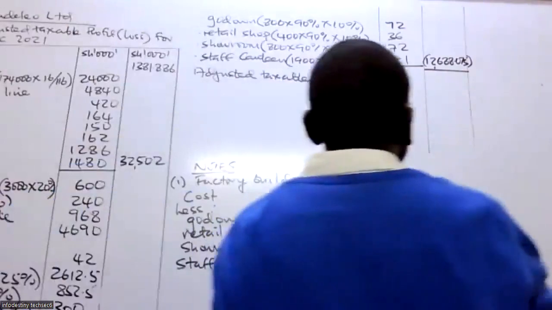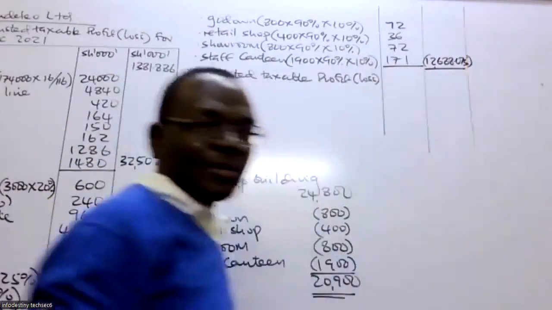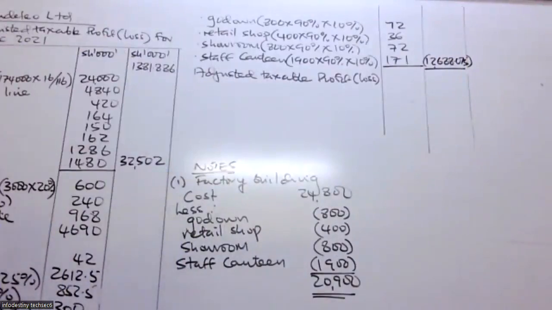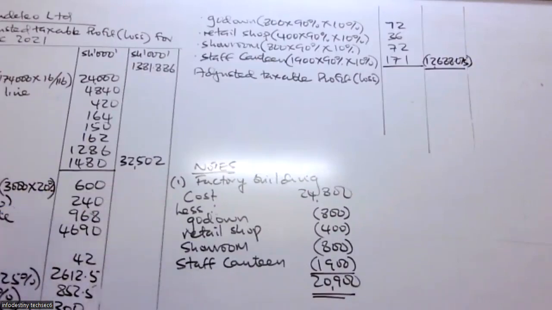So you're getting something like 21. Adjusted profit is how much? Is this correct? 32,502. Then it cannot be 1401. That is 1381.